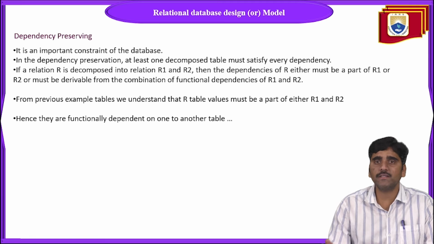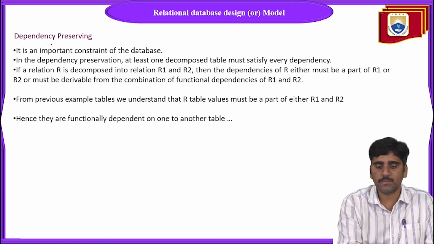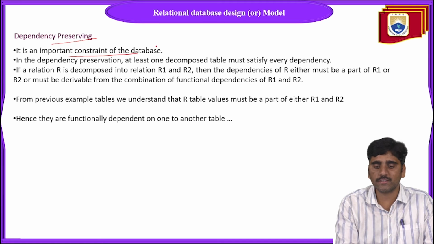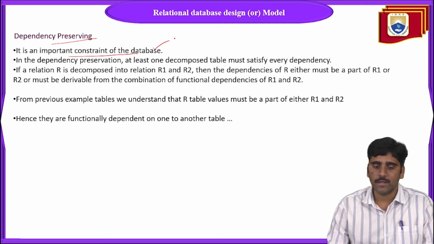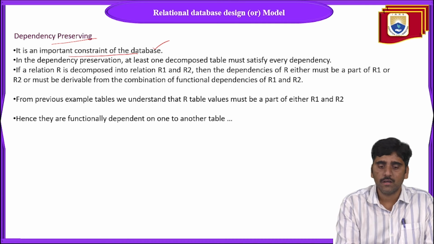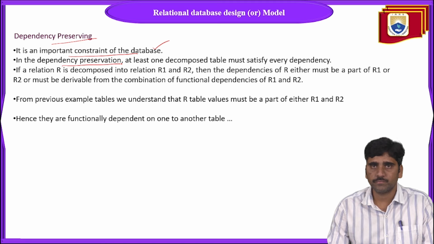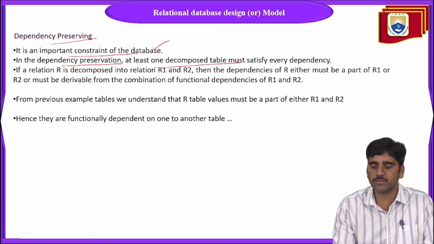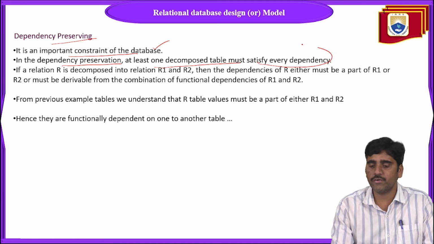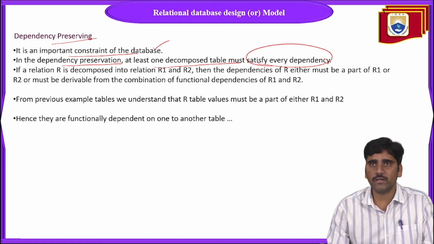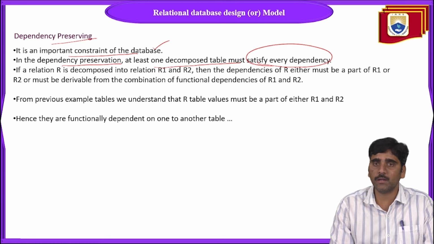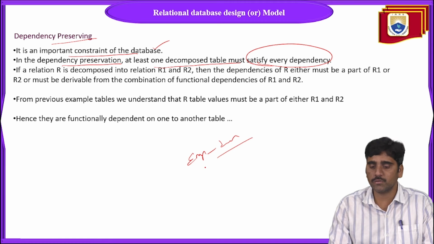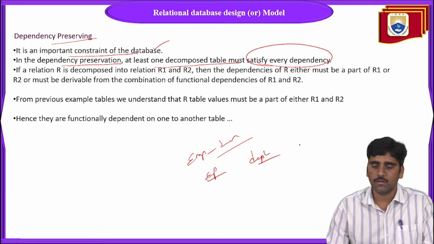Next one is dependency preserving. It is an important constraint of the database. In dependency preservation, at least one decomposed table must satisfy every dependency. That means we already decomposed the employee underscore department table into the employee table and the department table, right?